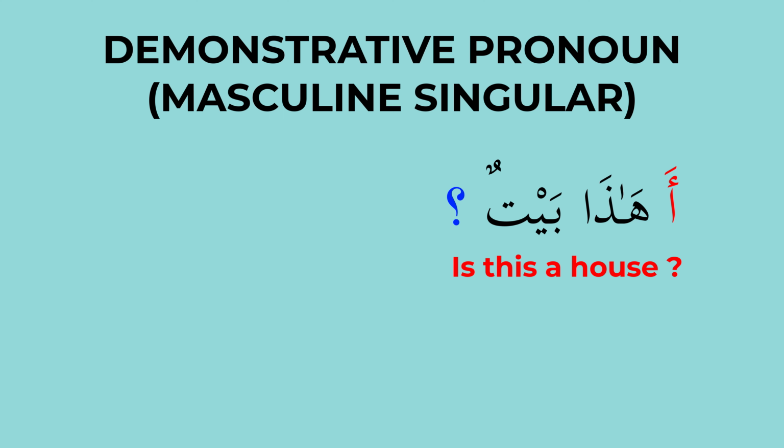And what is the answer? Na'am. Or if it is negation, you will say la. Okay, brother, what are na'am and la? Are they nouns? Are they verbs? It's a harf.